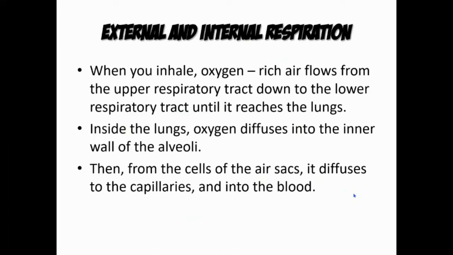So when you inhale, oxygen-rich air flows from the upper respiratory tract down to the lower respiratory tract until it reaches the lungs. So inside the lungs, oxygen diffuses into the inner wall of the alveoli, and then from the cells of the air sacs, it diffuses to the capillaries and into the blood.